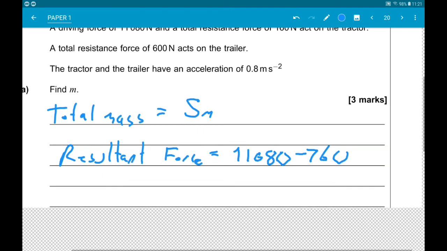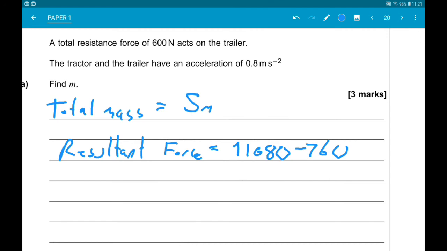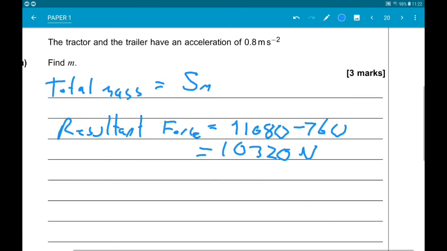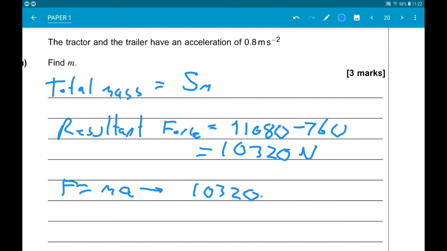Now that gives us 10,320 newtons. Okay, now using F equals ma, we get 10,320 is equal to 5m times 0.8.